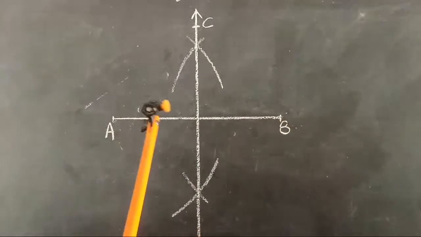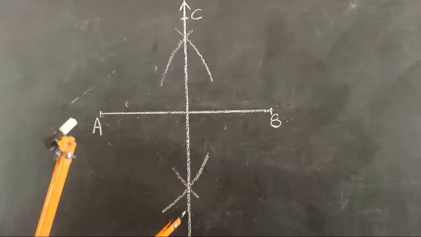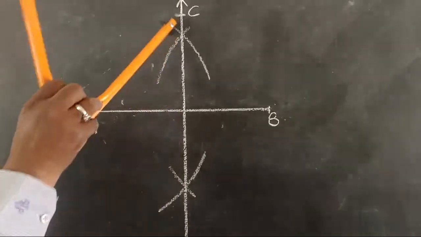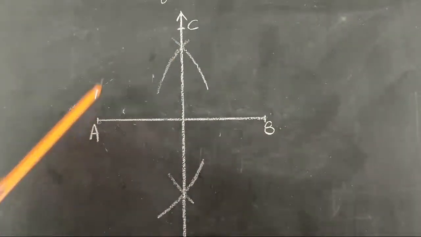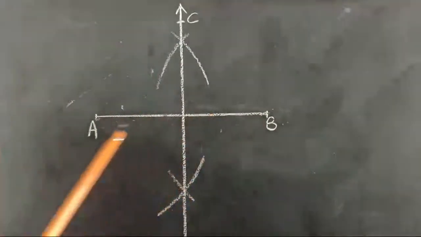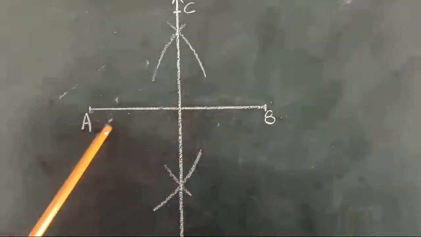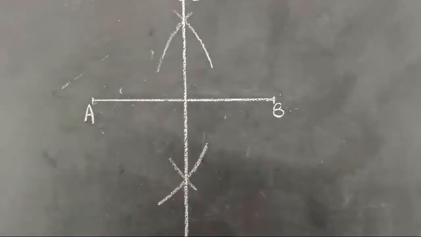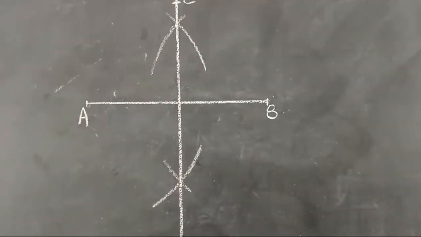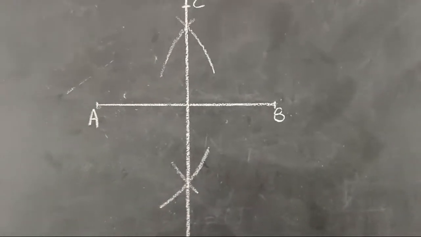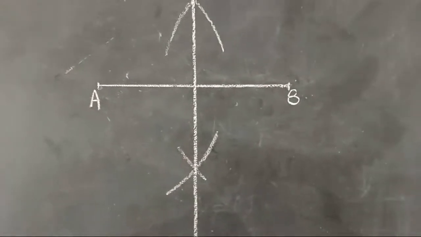Is it correct? Means every point on the perpendicular bisector is equidistant from the end points of the segment. This is the perpendicular bisector theorem.